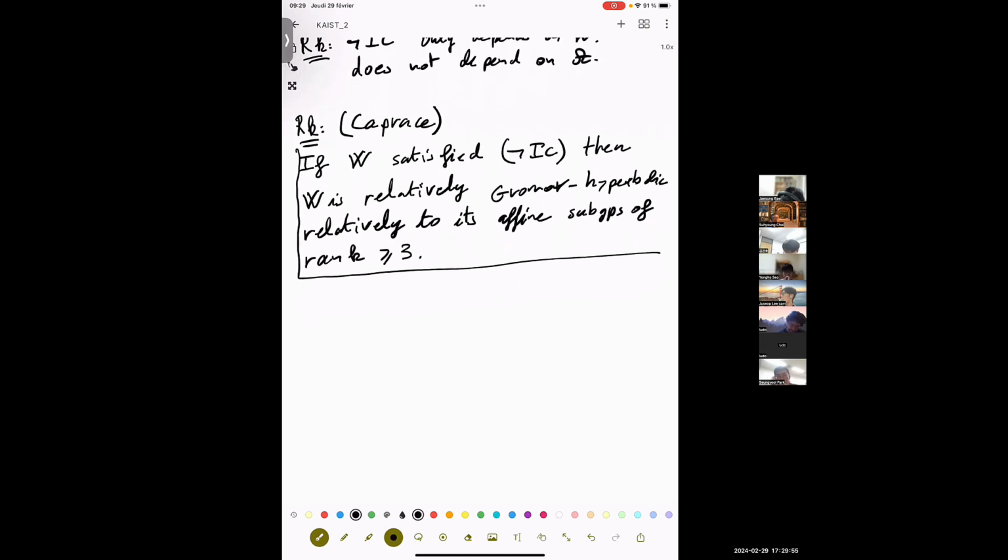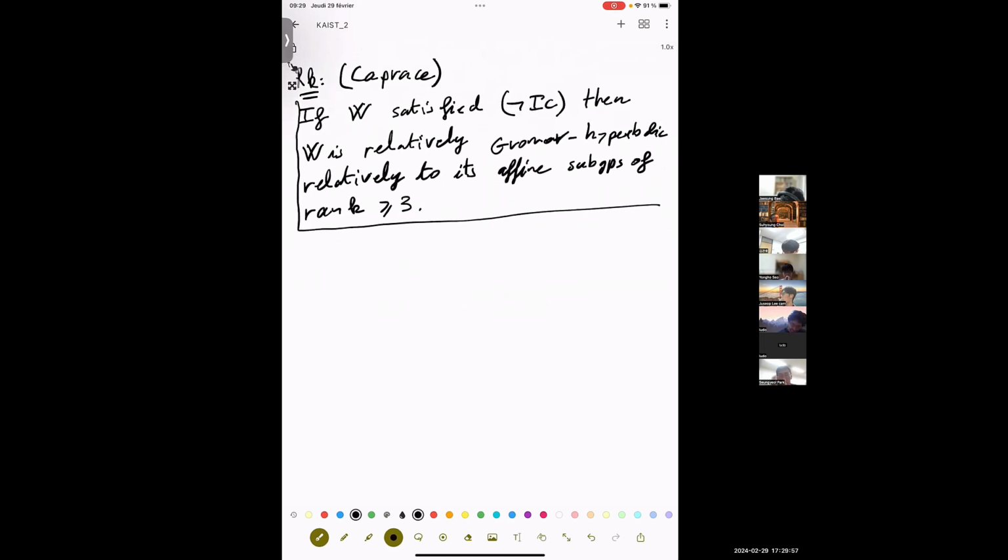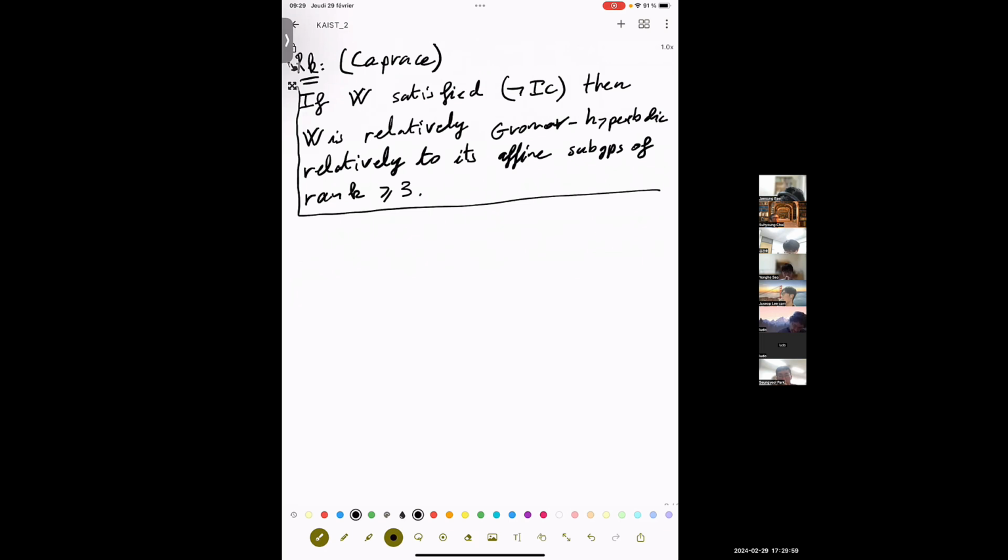And okay, I continue the remark. Another remark. Suppose that A, so I go for ZT. Suppose that A satisfies no ZT.